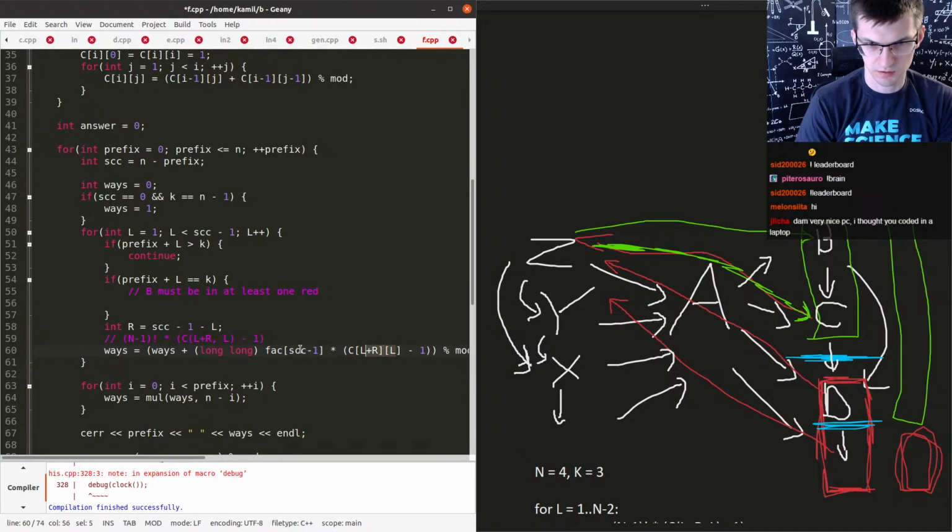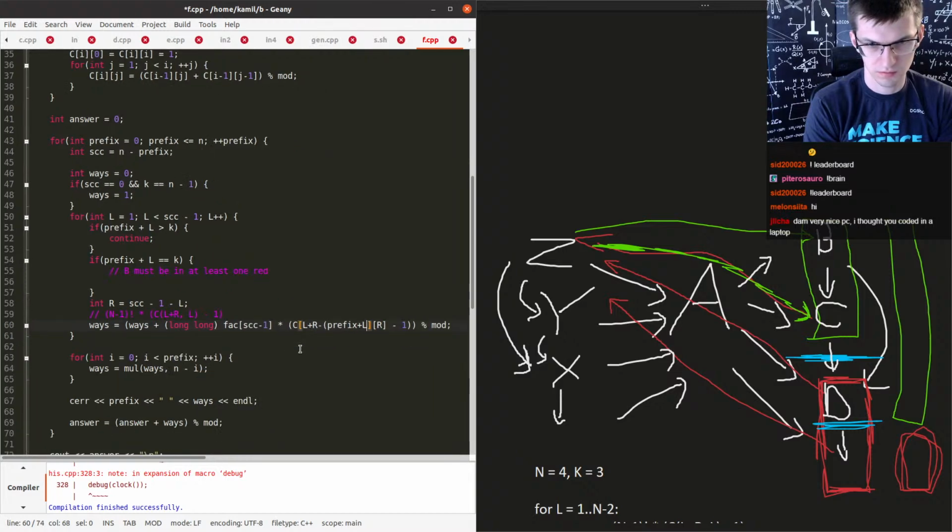This will change. Instead of L, we will use L minus 1. Right?